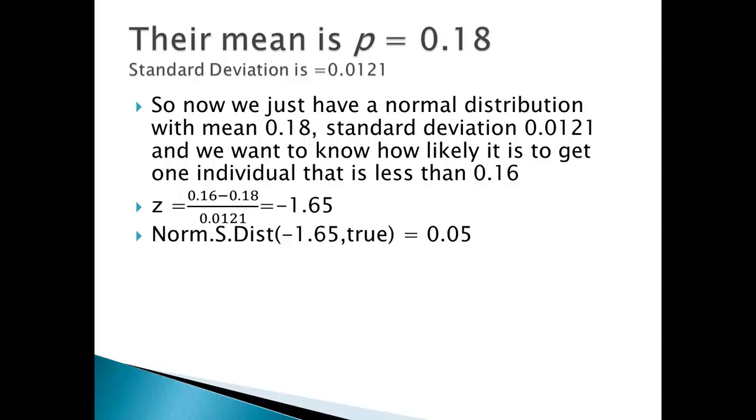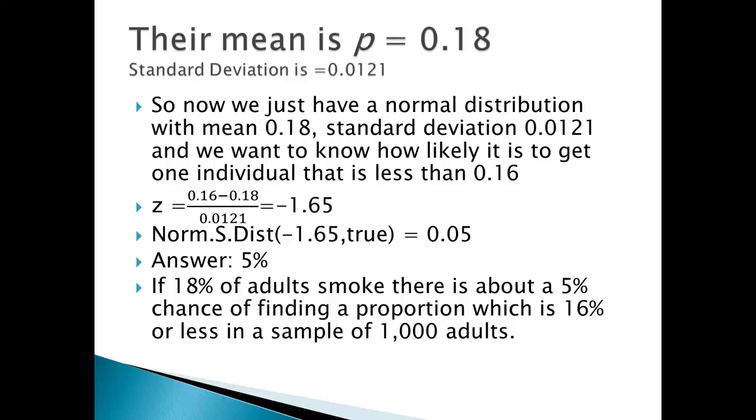We use NORM.S.DIST and get 0.05, so 5% is less than that, and so that's our answer, 5%. So if the actual population of adult smokers is 18%, then the chances of finding only 16% or less in a sample is about 5%.